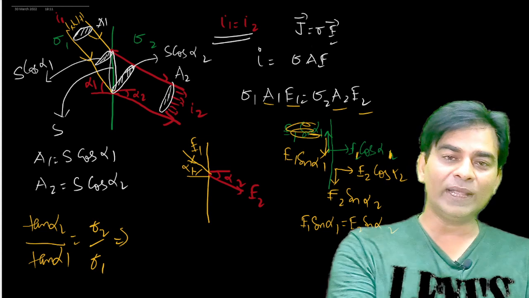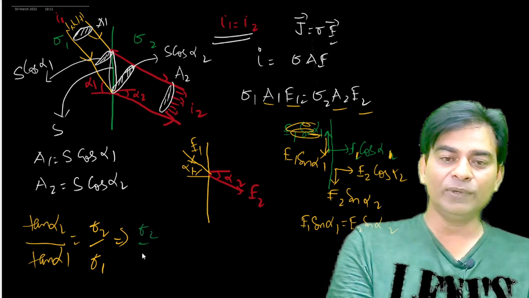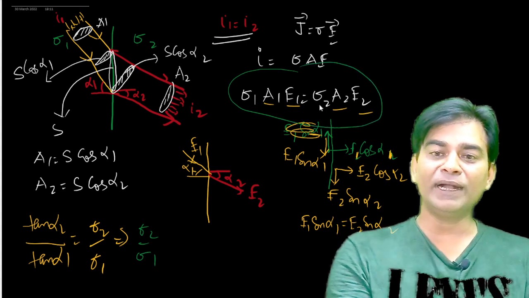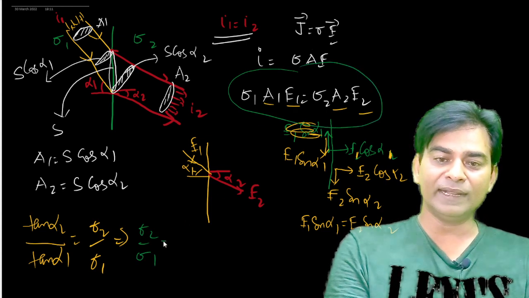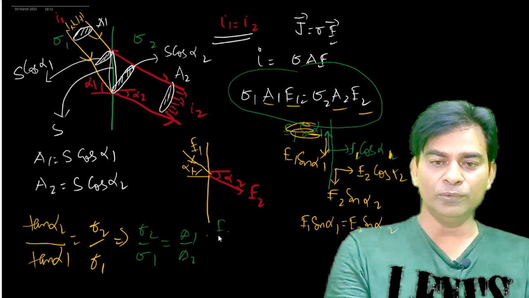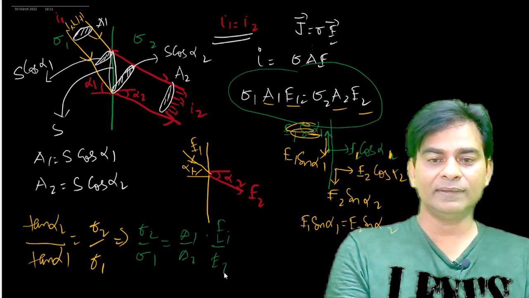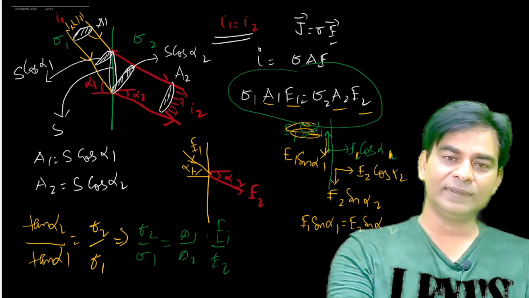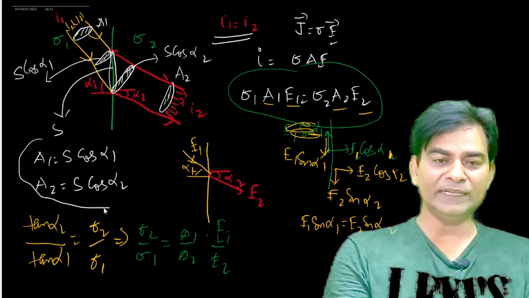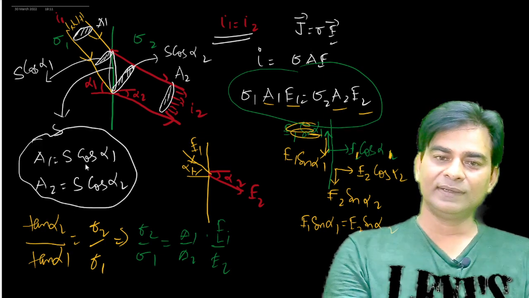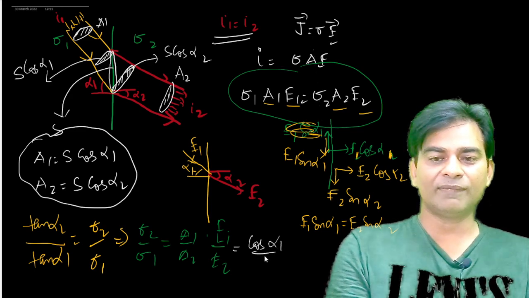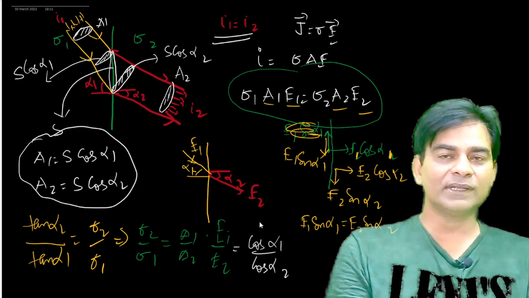So if we want to calculate the value of sigma 2 divided by sigma 1, from this result sigma 2 by sigma 1 can be written as A1 divided by A2 times E1 divided by E2. A1 by A2 is found by dividing these two results: cos alpha 1 divided by cos alpha 2.